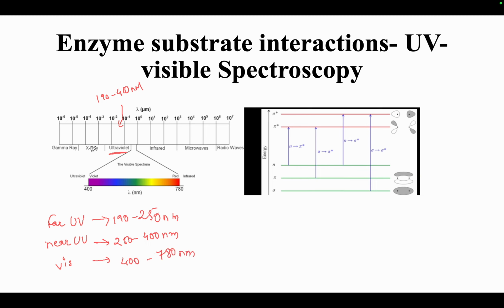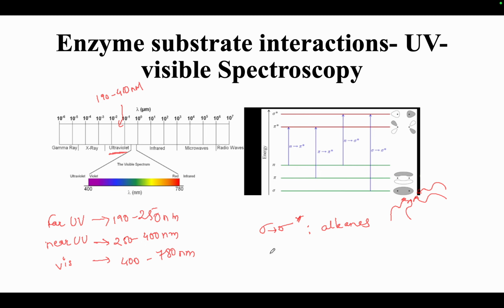So what happens when we have a molecule in the ground state and light or energy falls on it? The molecules get excited from the ground state. After getting excited, they could have a sigma to sigma star transition, which mainly occurs in single bonds, that is alkanes.